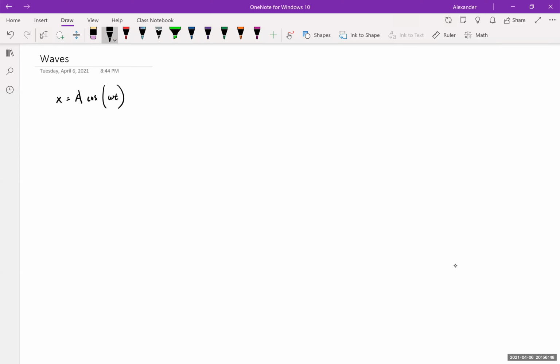A cosine omega t, as long as A has to do with the maximum displacement from the equilibrium position of the thing. Here we're assuming that the equilibrium position is at the origin.